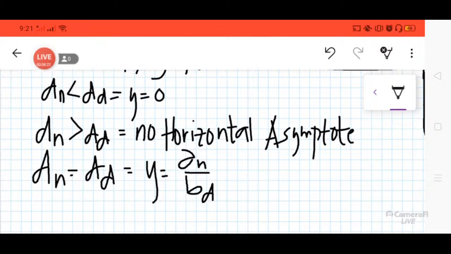So what you're going to do is divide the value of the leading term of the numerator by the value of the leading term of the denominator.